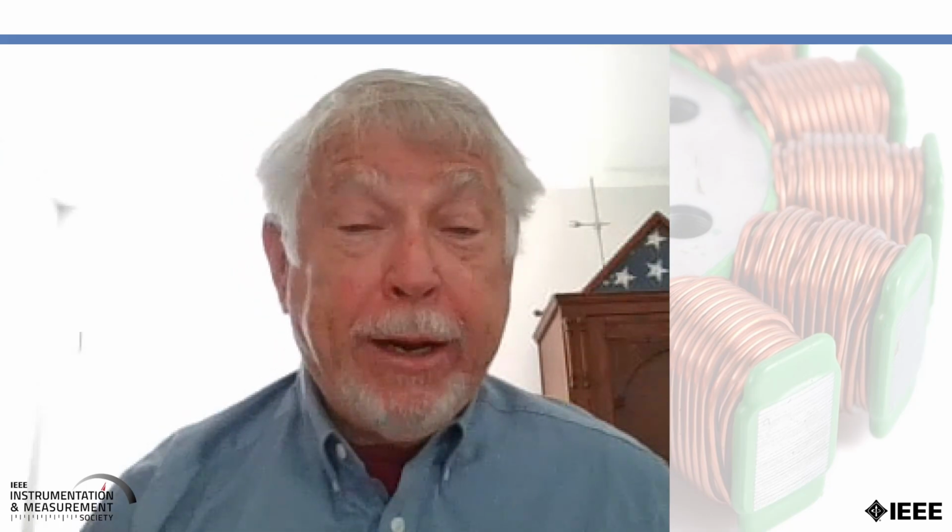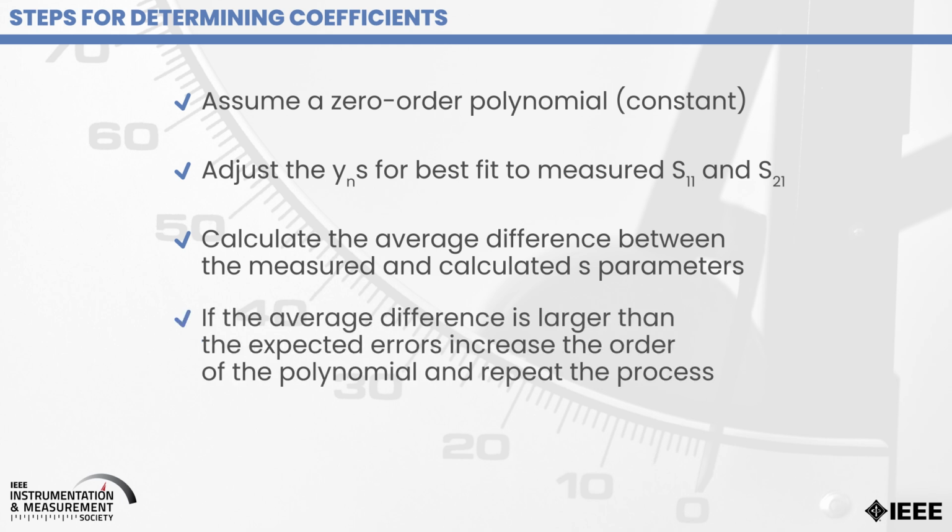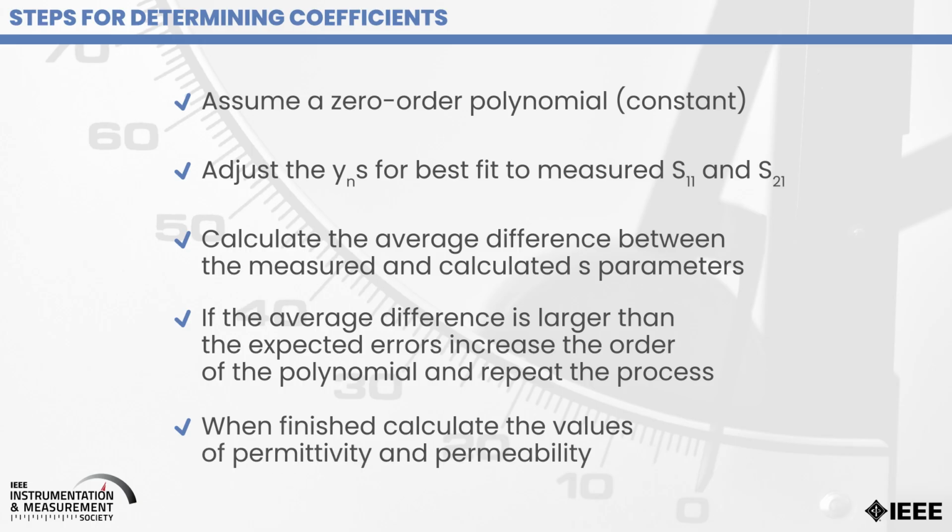After we're finished getting the best fit, we calculate the average difference between the measured and the calculated parameters. If the average fit is larger than the expected errors, we'll increase the order of the polynomial and repeat the process described. When we're finished, we can calculate the permittivity over the frequency range by using the polynomial.